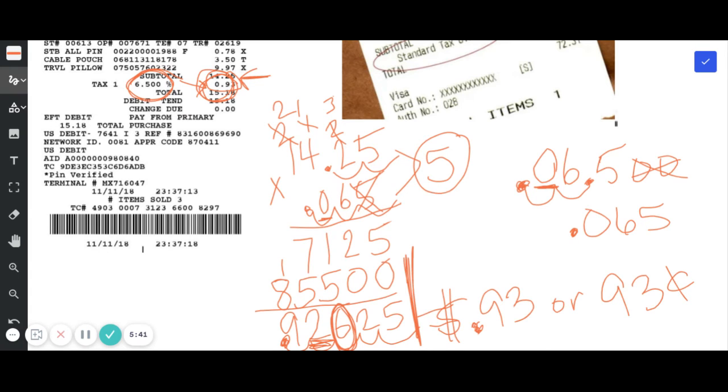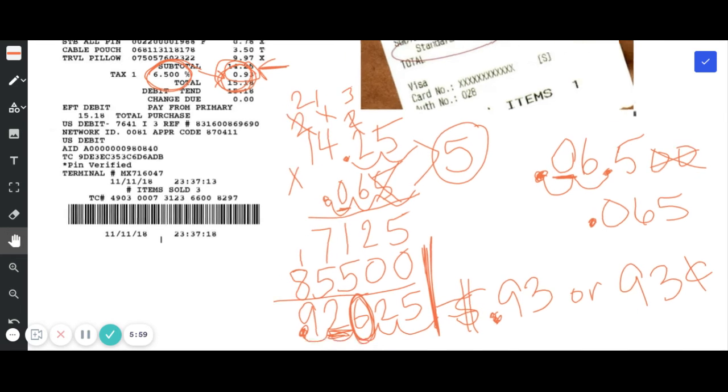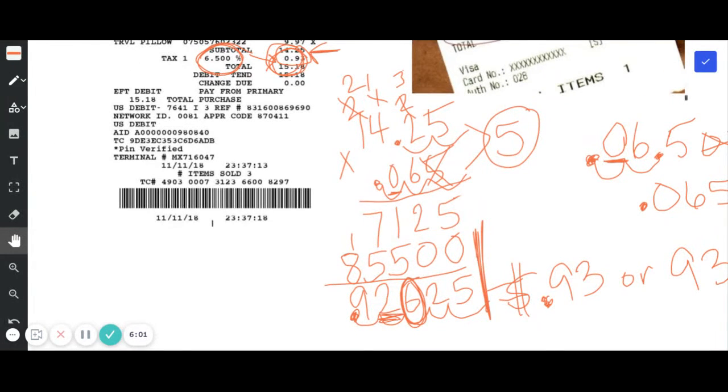Then you have to take that sales tax dollar amount and add it to whatever your original subtotal was. You bought all these things, and they equaled up to $14.25. So now I have to add that to my subtotal to figure out how much I'm going to pay in all. So $14.25, I'm going to add 93.